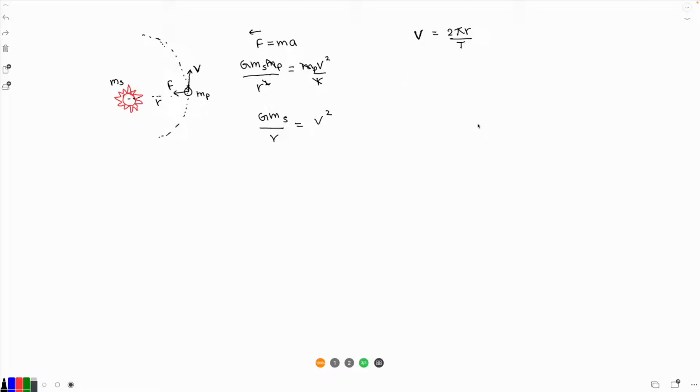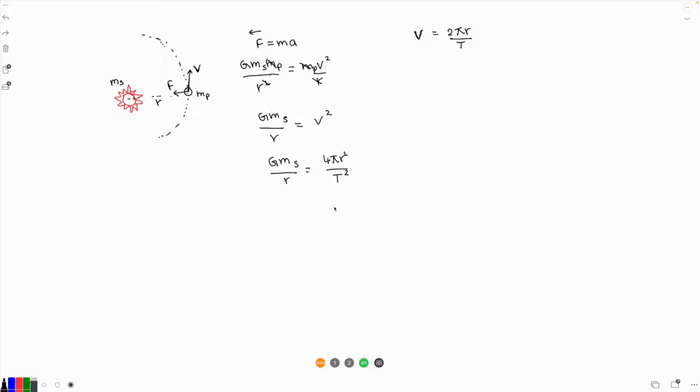So I can substitute v squared using this and take some relationship. As you can see, I'm going to substitute into G ms over r. We know that v equals 2 pi r divided by T. Then v squared is 4 pi squared r squared over T squared.